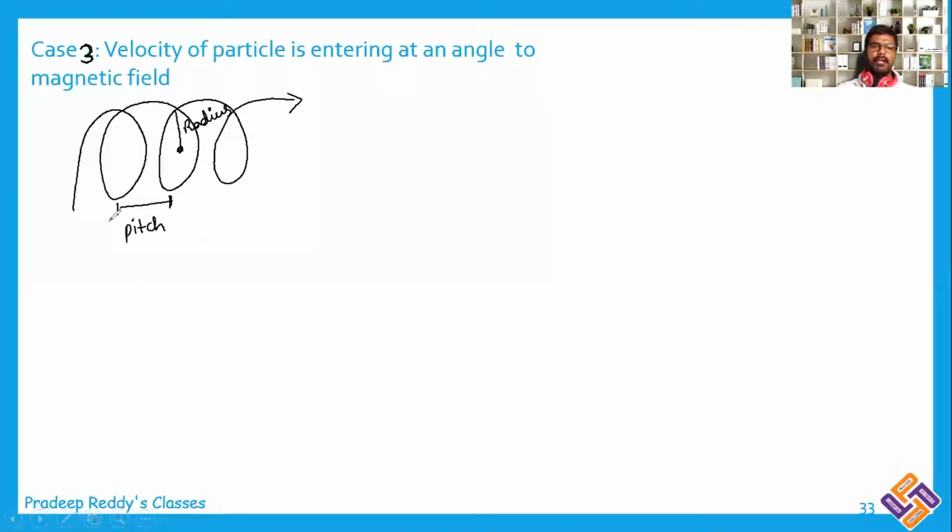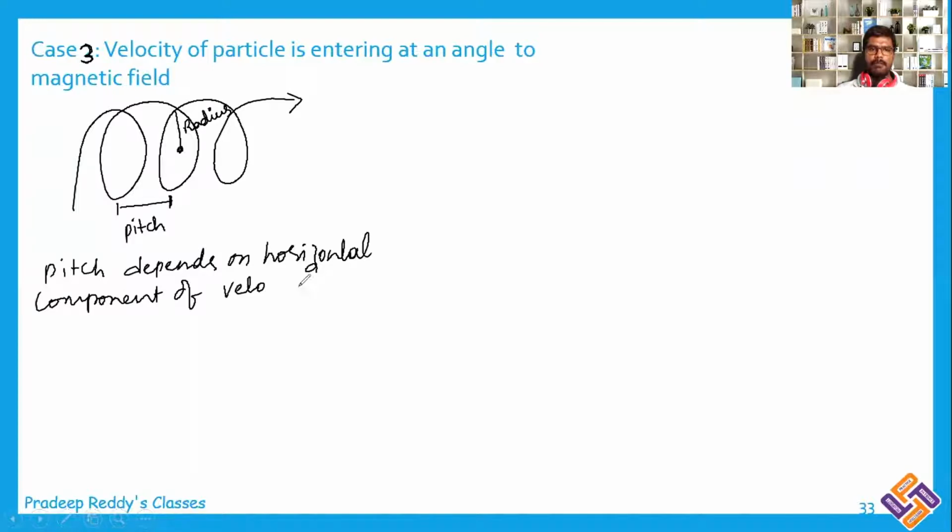Students, in order to calculate the pitch, the pitch depends on the horizontal component of velocity. So I can write pitch, which is the distance between two circular turns, equal to speed into time period of revolution, right?